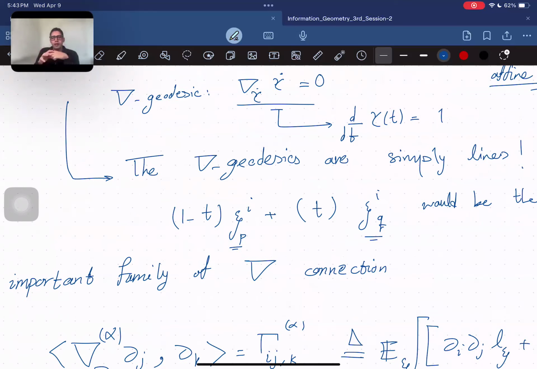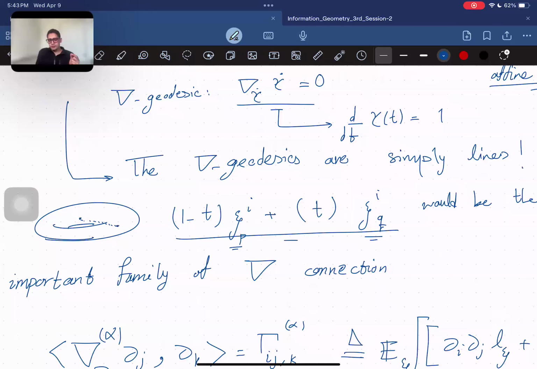Remember, for example, if we are on the torus, because the torus has curvature with respect to the natural connection, then the shortest path or the least curved path between these two points is not simply the line between them. But the cool thing about the affine connection and affine coordinate system is that it makes the geodesics look like lines, and you can parameterize them by lines. Okay.